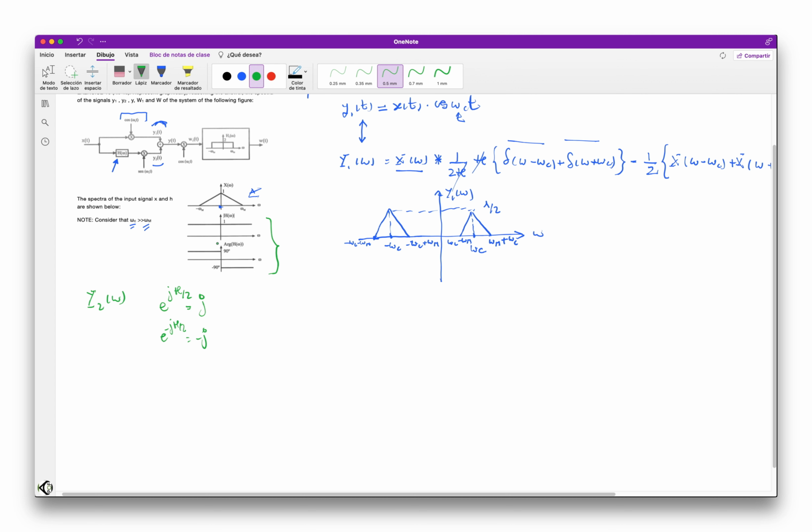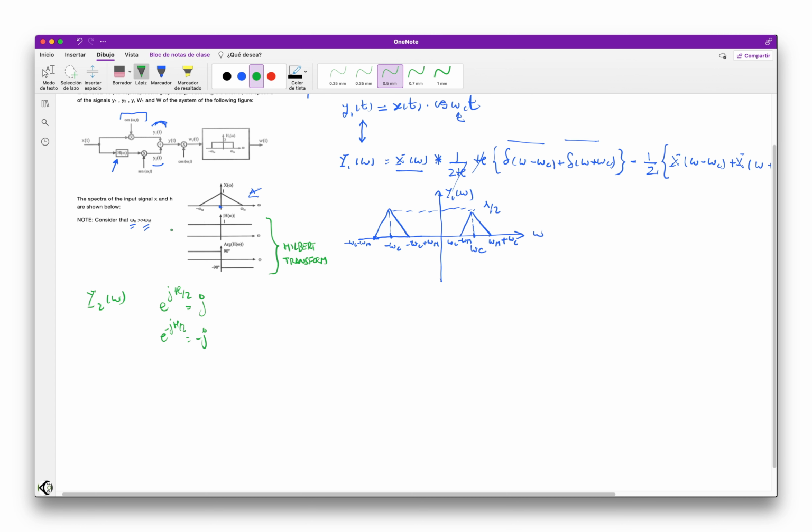So a system such as this is called a Hilbert transform, or a Hilbert transformer, or a Hilbert filter, or something like that. Or you can say that the output of the filter is the Hilbert transform of the input. And it has its own name because it's also very important in communications.